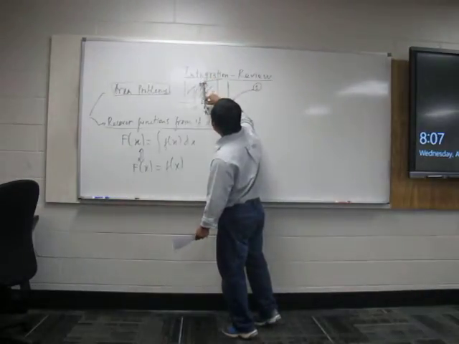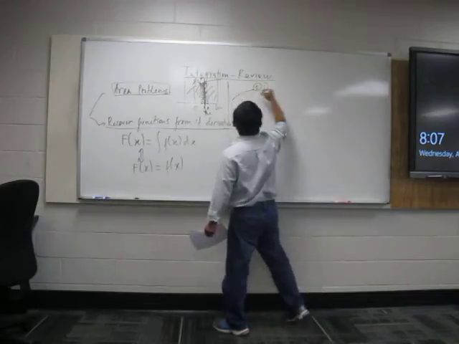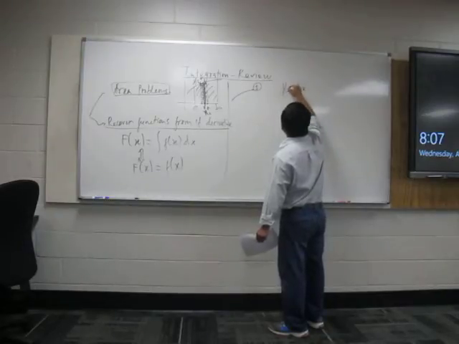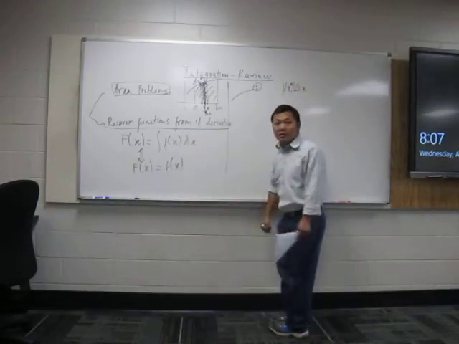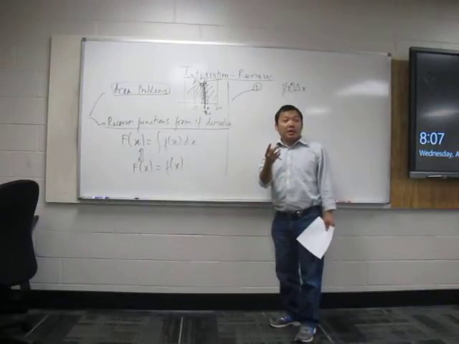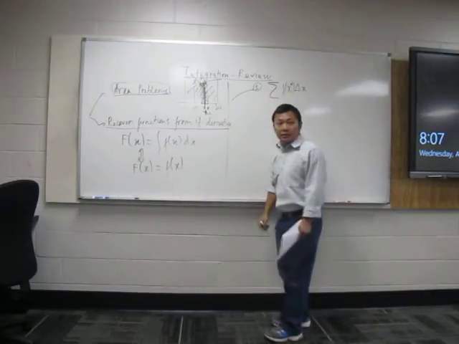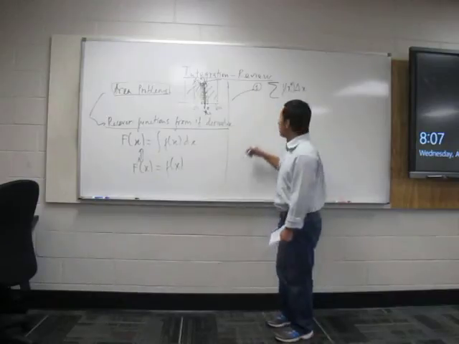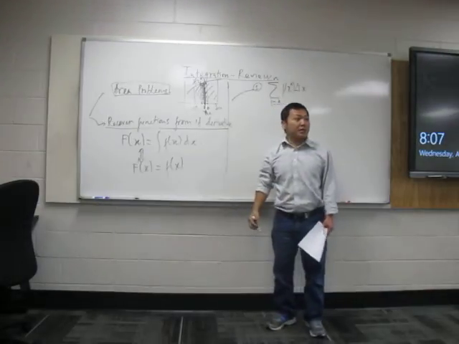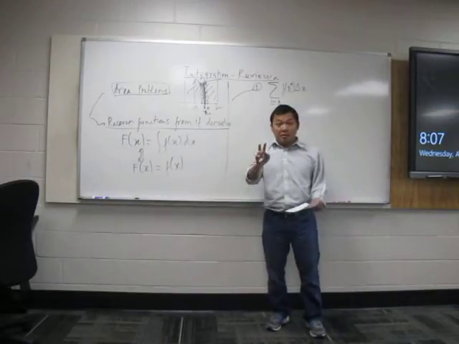Suppose this is x_i star, so here should be f of x_i star, and then the area of each one is equal to delta x times f of x_i star, on the i-th interval. Makes sense? And then you sum them up, where i runs from 1 to n. So you have some Riemann sum.